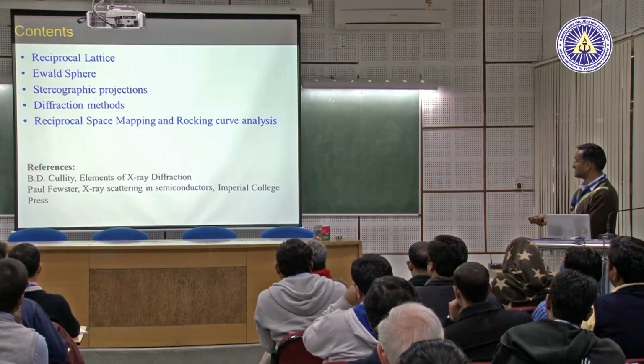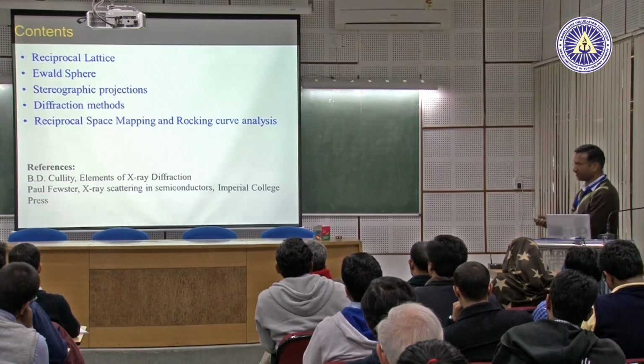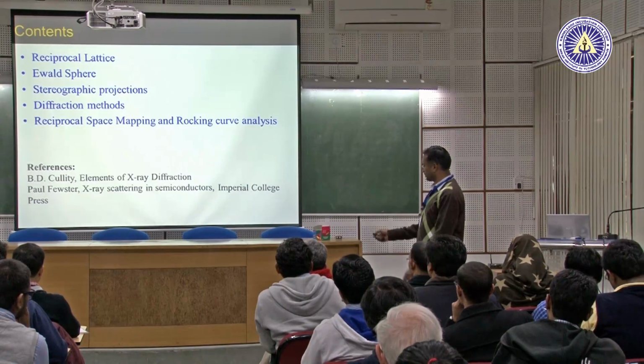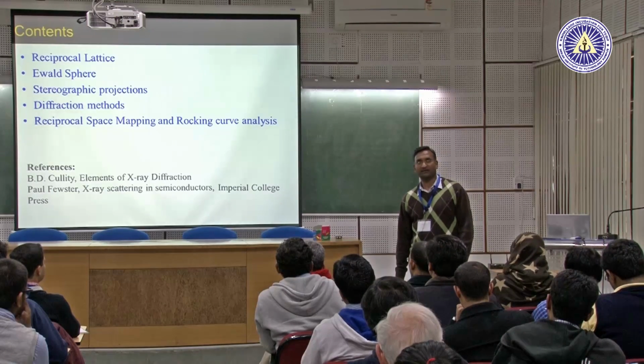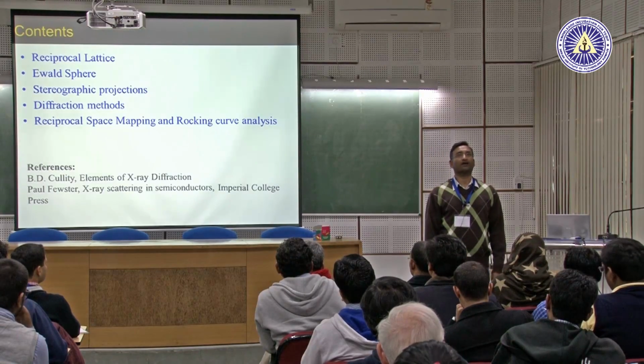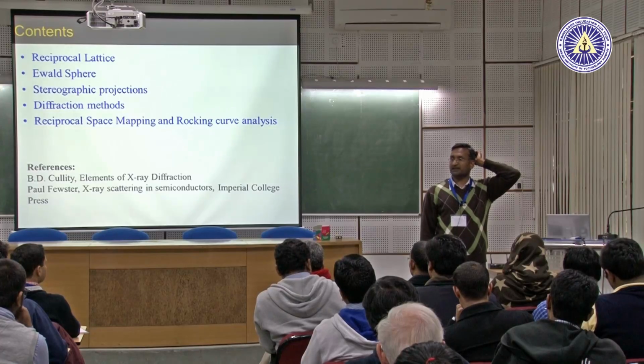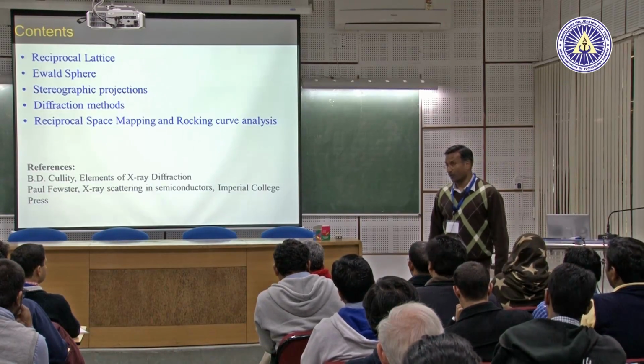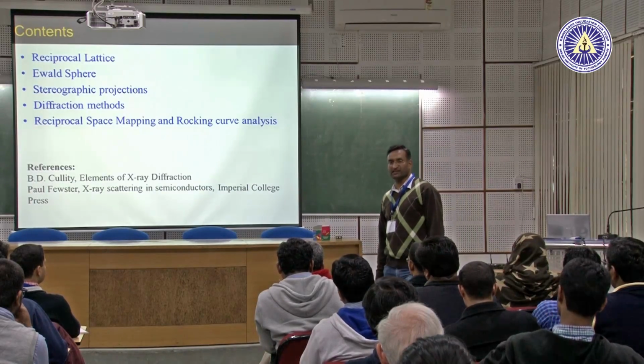Reciprocal space mapping and rocking curve is a rather recent advance. I think reciprocal space mapping came into being at about 2000. Companies like Panalytical launched their diffractometers like the MRD Pro in roughly 1998 or so.